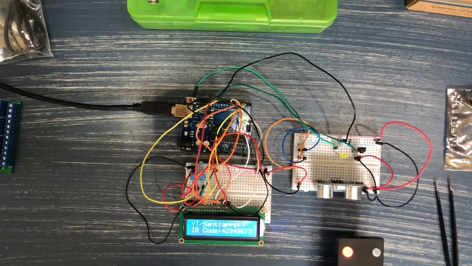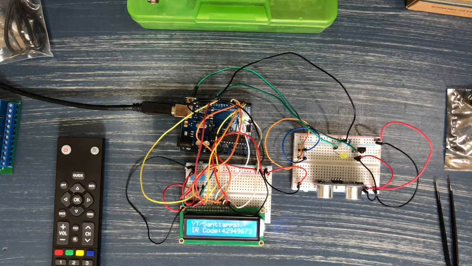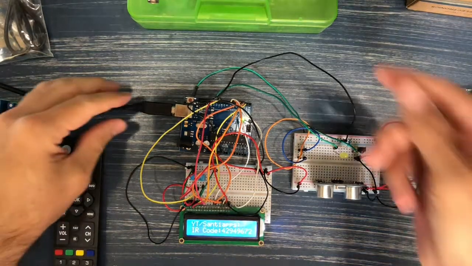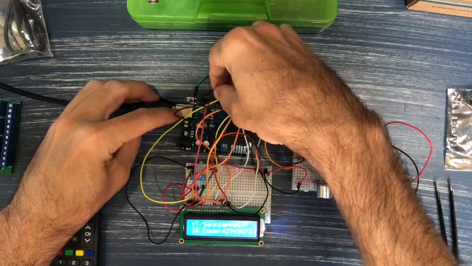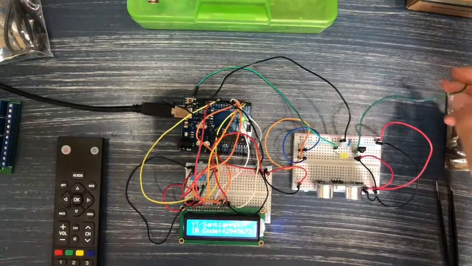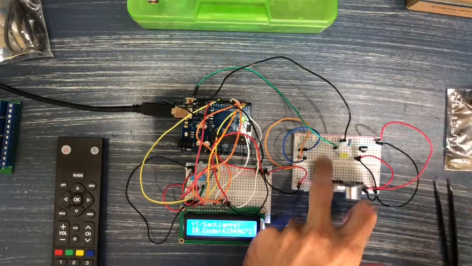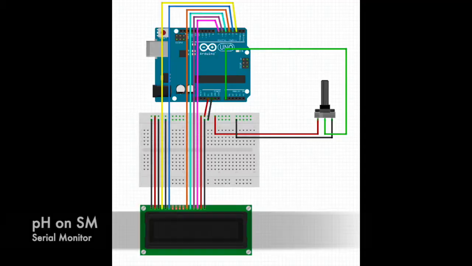Alright, so just another example of how much better it is to visualize data on an LCD screen than it is to do so on a serial monitor, which would obviously require the presence of a computer connected to your project all the time. Okay, great. Now let's look at a pH meter sensor, which is great for a lot of scientific stuff.